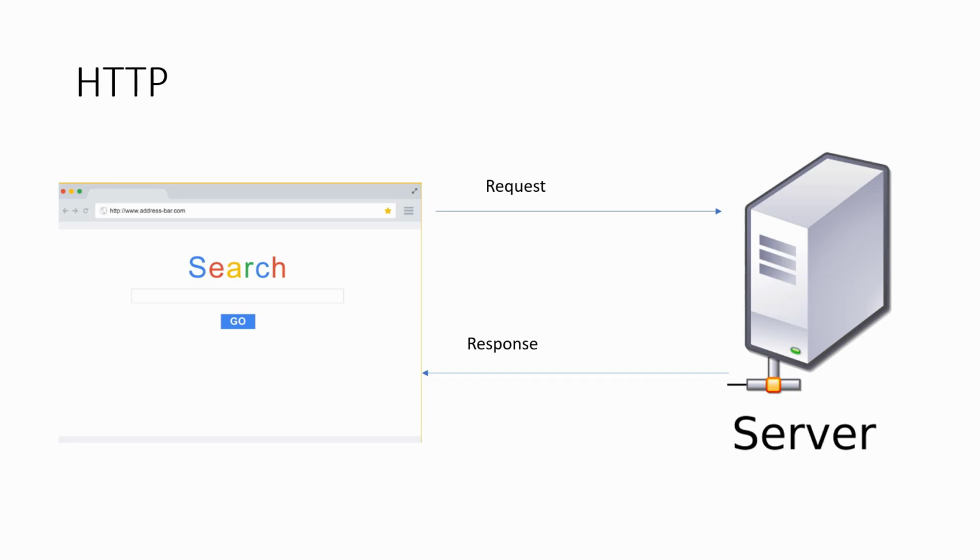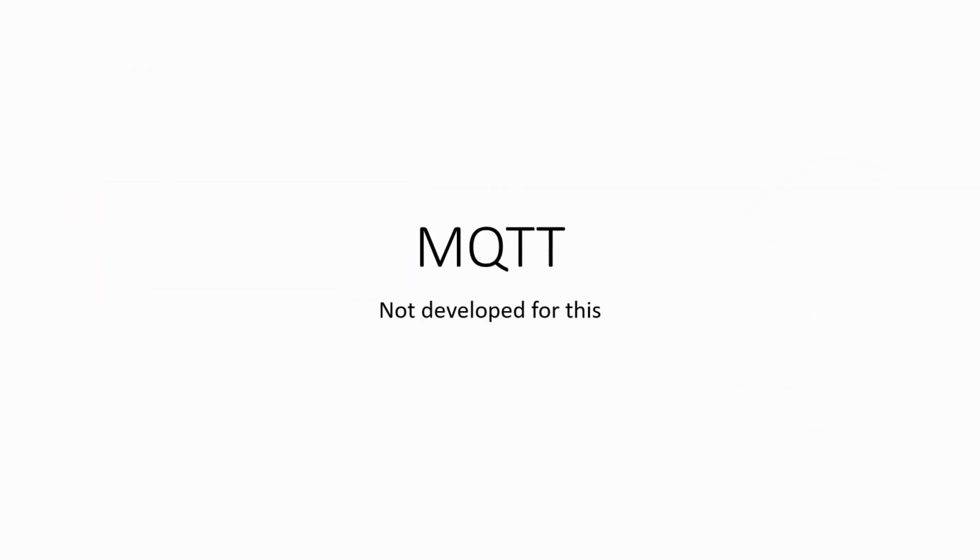Similar to this, we have a protocol called MQTT, but it is not meant for transmitting data like HTTP. Instead, MQTT is most useful for transmitting data when you have low energy, low connectivity, and low bandwidth.